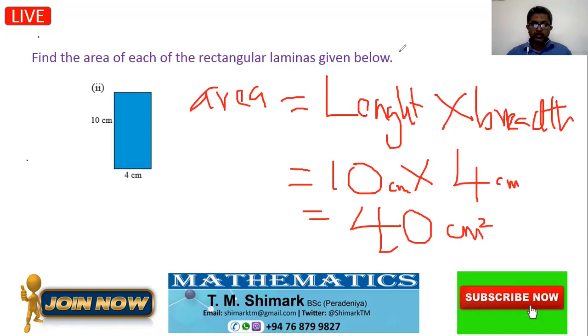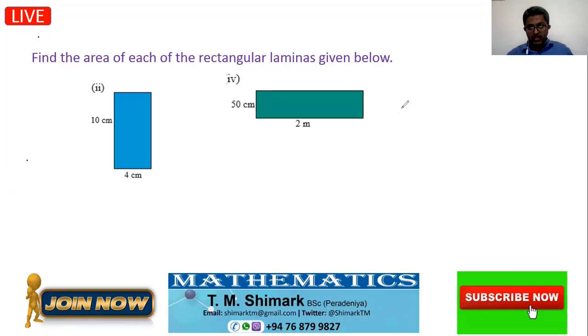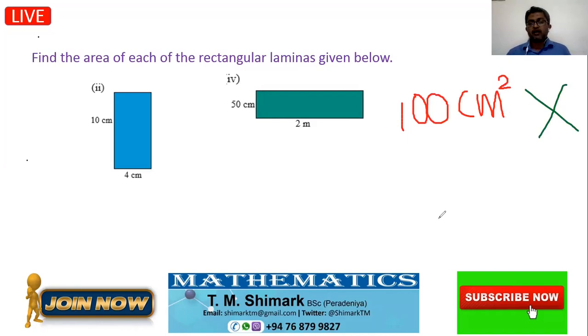I'll go to the next question. 100 centimeters squared. Few answers I got, but they are wrong. I'm saying 100 centimeter squared is wrong. Why? It is 10,000 centimeters squared, because it is 2 meters.